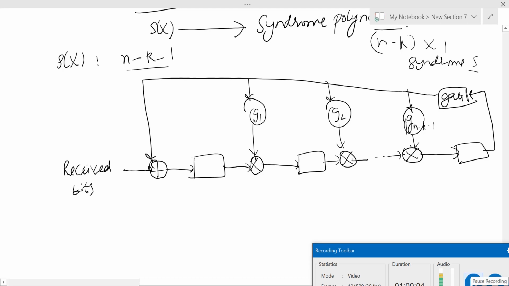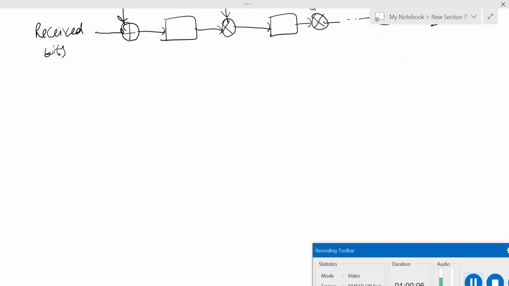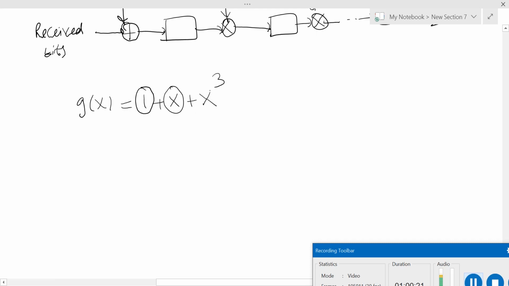Now if we go back to the example having the code, that is easier. First of all, I will draw the encoder. This is your generator polynomial. There are 3 degree terms: 1, G1, then G2 is 0, and then G3. Here are your message bits.